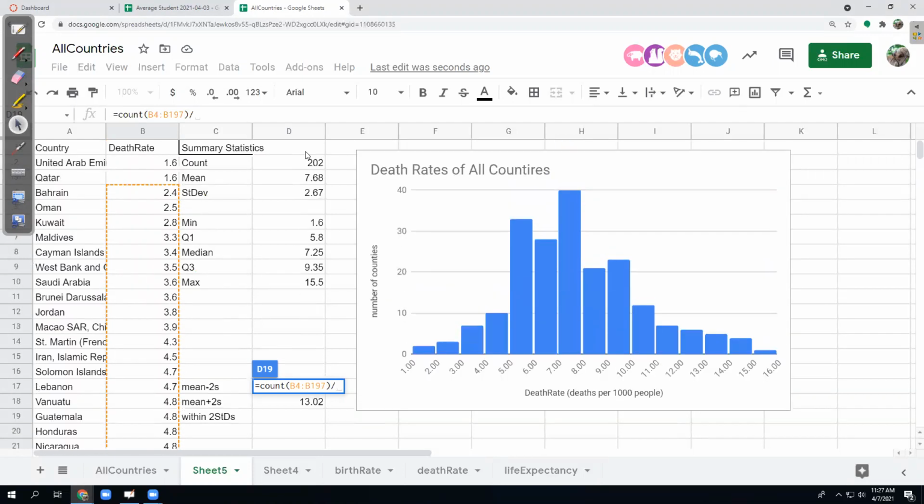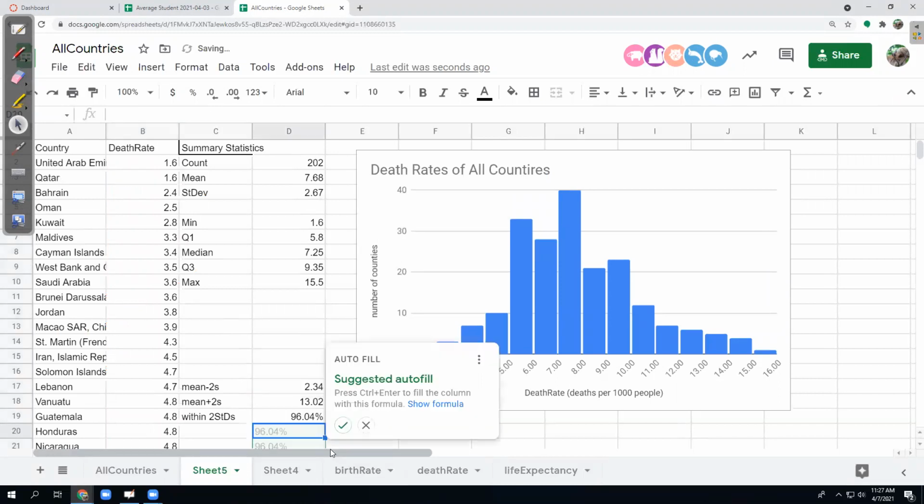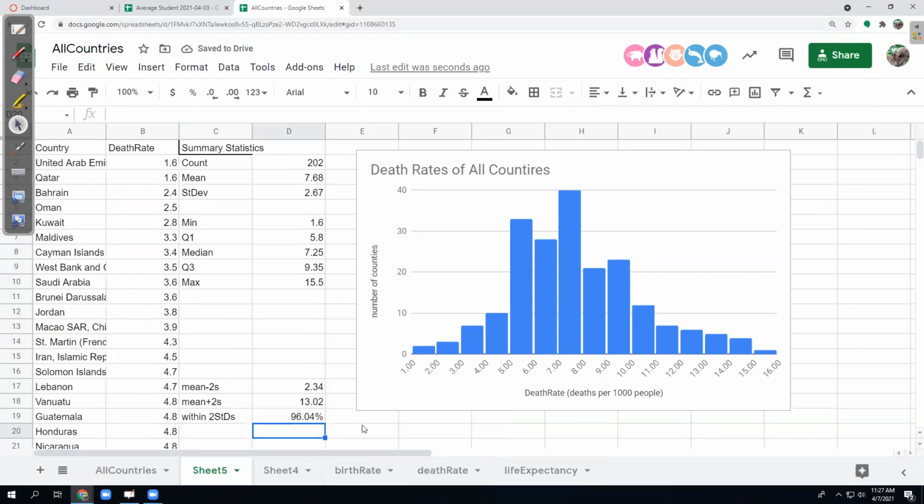And in this case, it's 202 again, interesting. And we get about 96%, kind of like before with the birth rates. This is for the death rates. Yeah, so 95% rule, again, I said it's about 95% of the data values should be within 2 standard deviations. I'm just verifying that 95% rule just for fun.